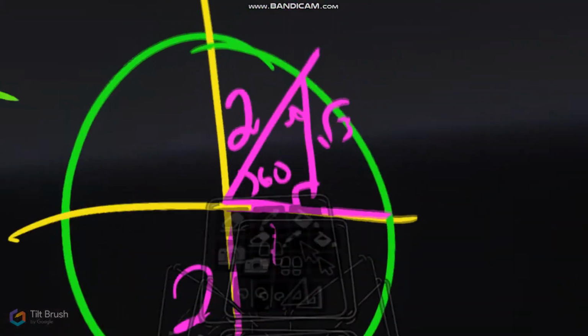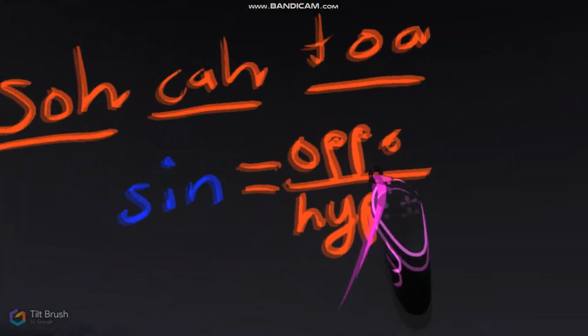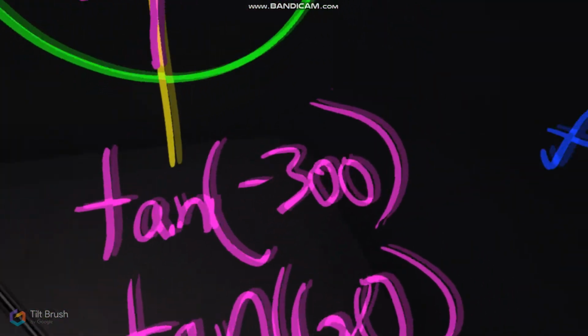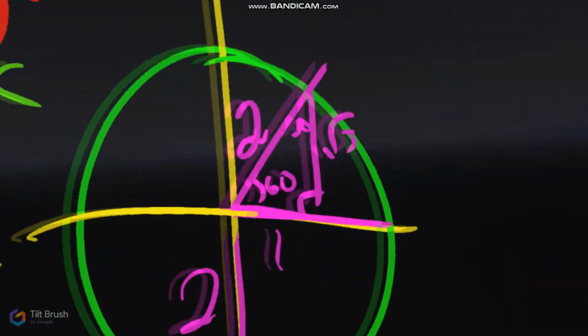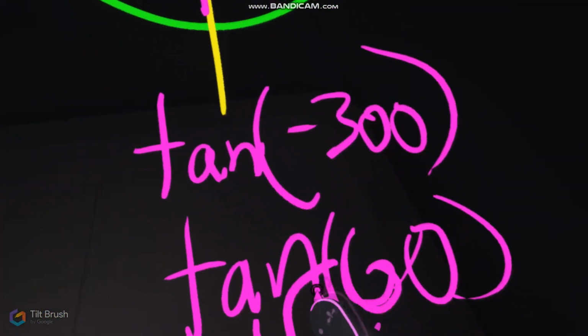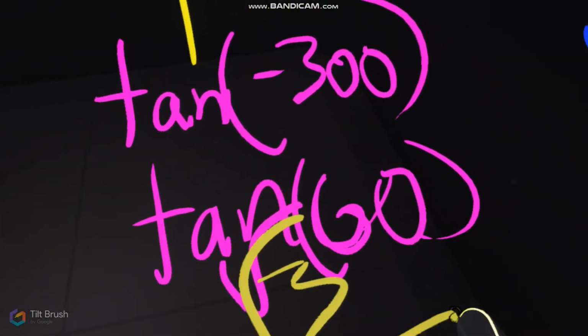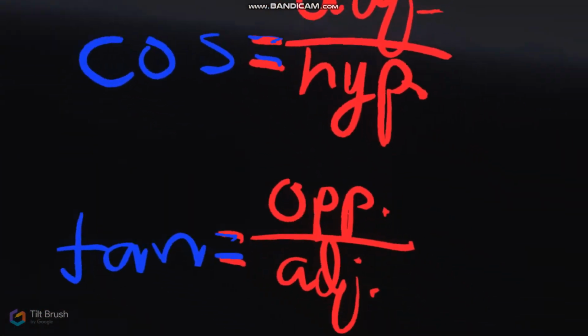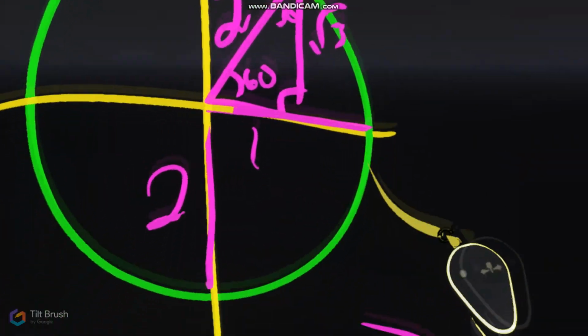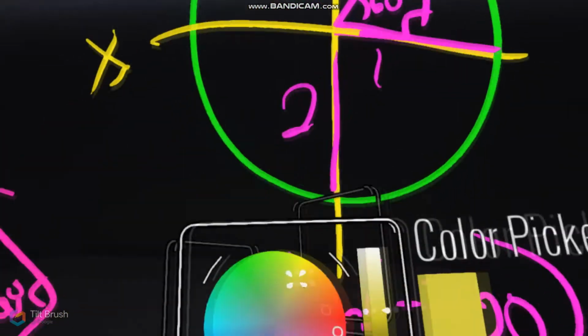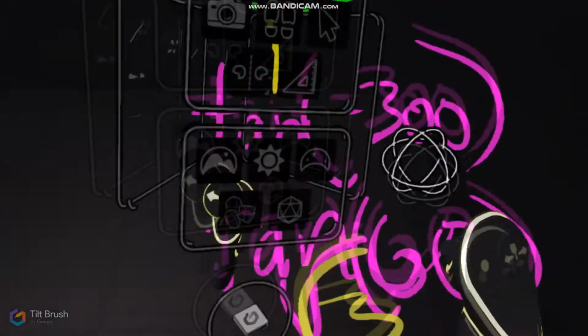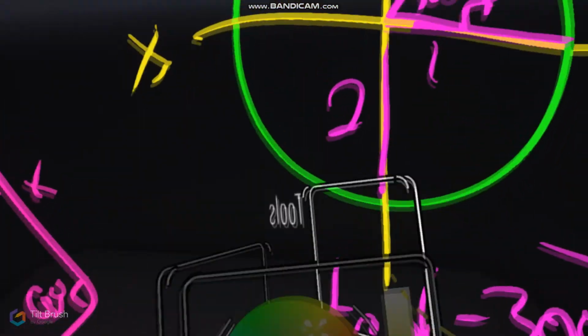Let's just do the tangent. Tangent of 60 degrees is, you take the opposite side, rad 3, over the adjacent side. Oh, nope, that's messed up. It should be something over rad 3.